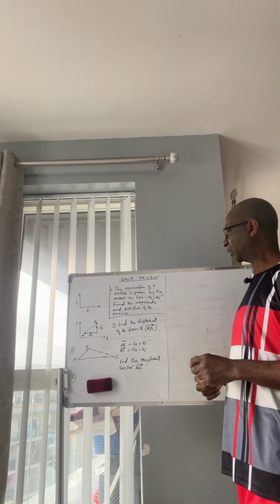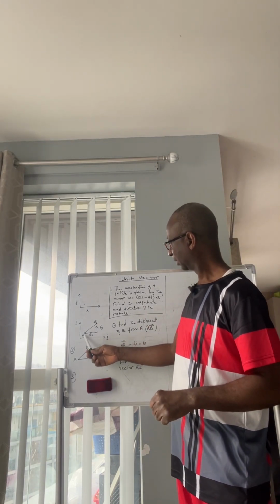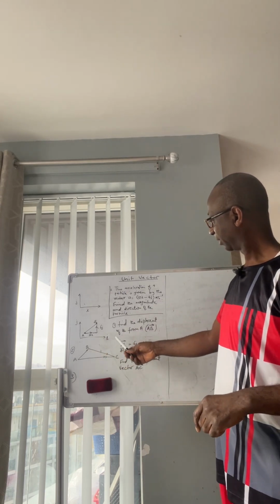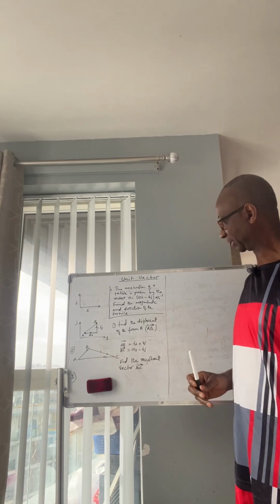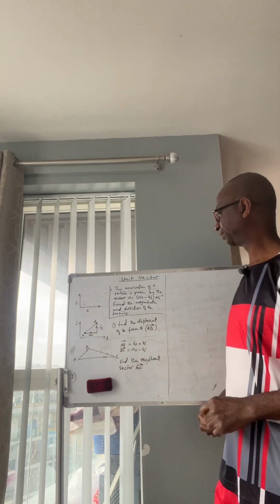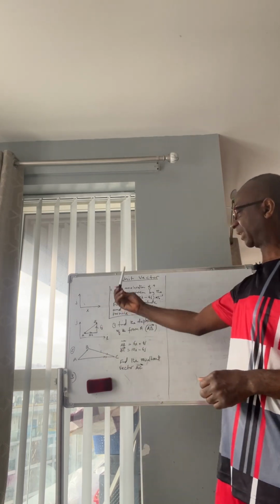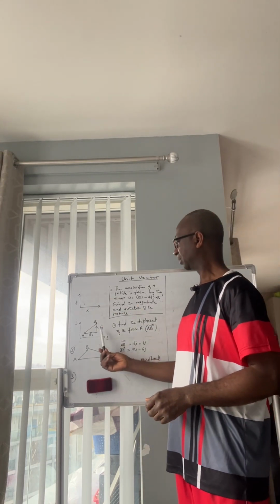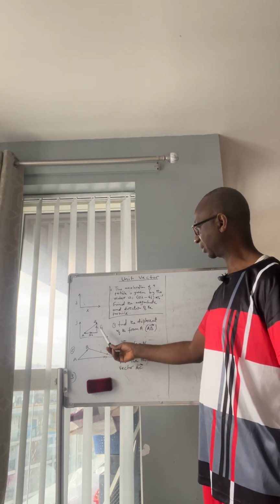But here it's given in vector form. You are told that on the i vector you have 10i, a displacement of 10 units. On the j vector, which is the vertical vector, you have 6 units, which is represented by 6j.